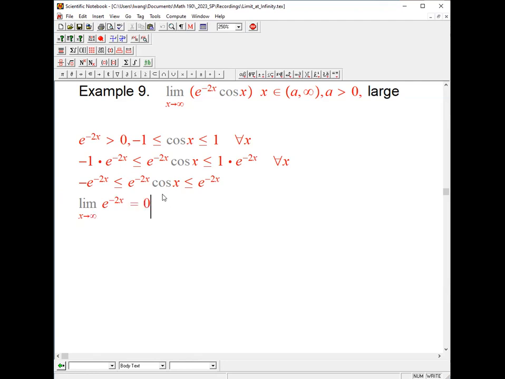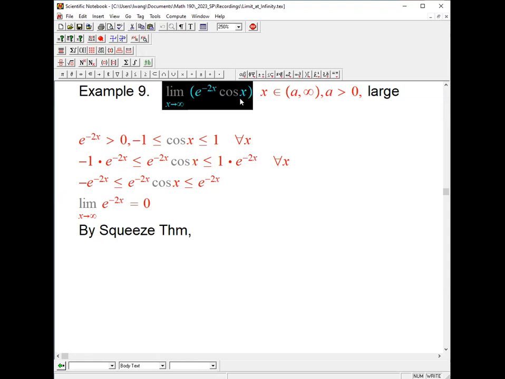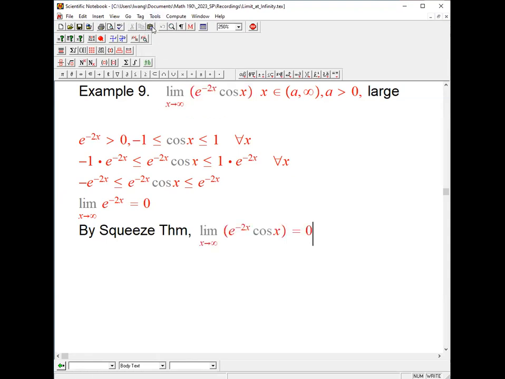So this limit is 0. And therefore, by the squeeze theorem, that whole limit is 0. You can see the squeeze theorem is actually pretty useful, right?